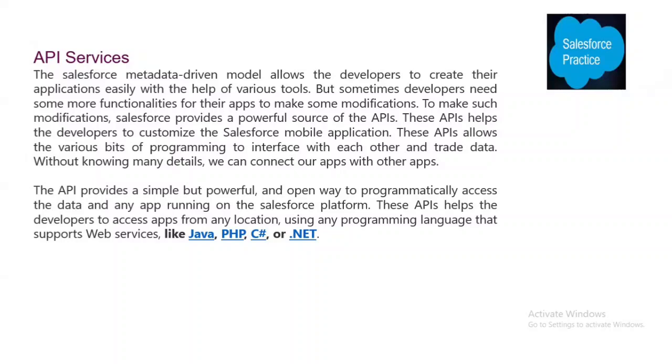We will discuss the different types of APIs in detail in another video. So we have three different types of architecture: metadata, multi-tenancy, and APIs. I hope this is clear to you.